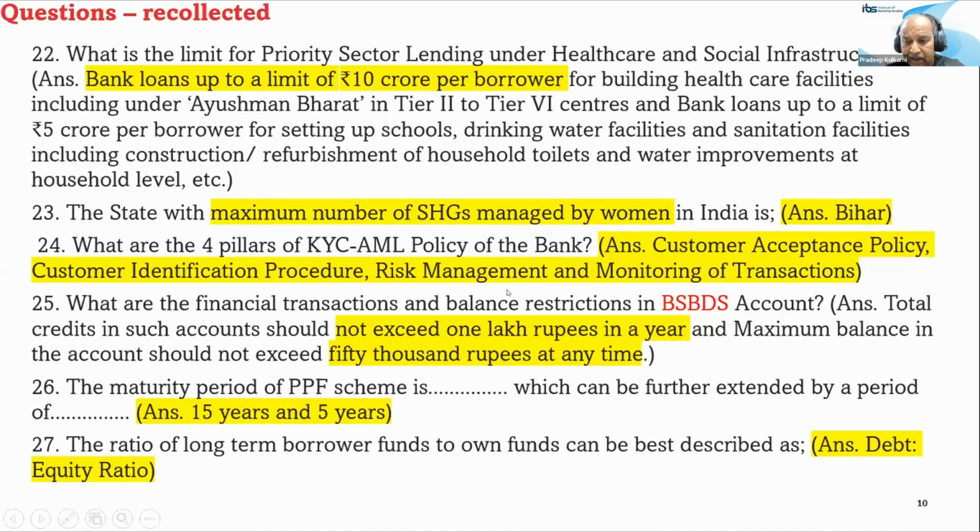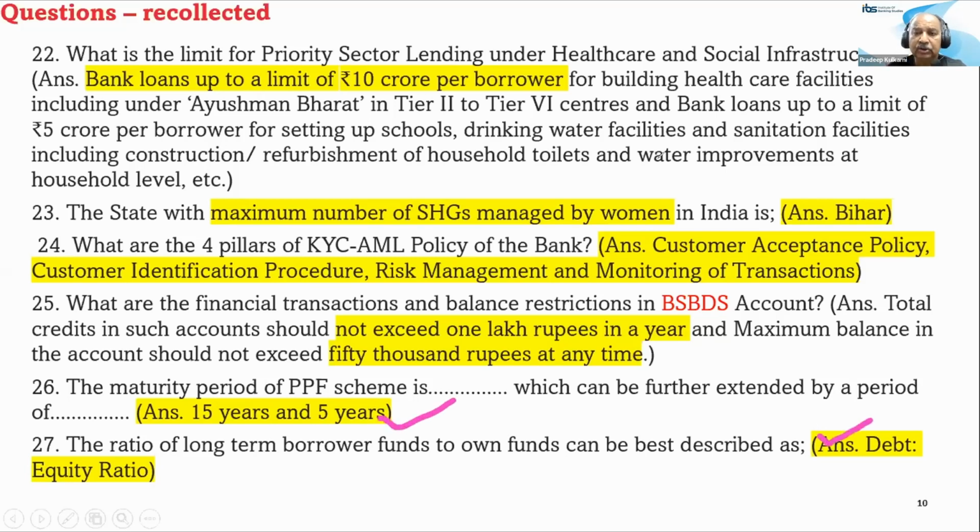Financial transactions and balance: total credits in the account not to exceed 1 lakh rupees in a year, maximum balance of the account not to exceed 50,000 at any point of time. These guidelines can also be understood as the guidelines for small accounts. BSBDS is nothing but a small account. Maturity period for PPF is 15 years, further extended by a period of 5 years.